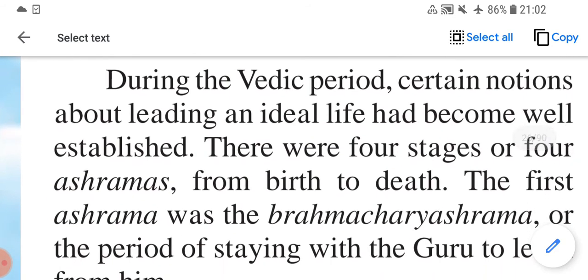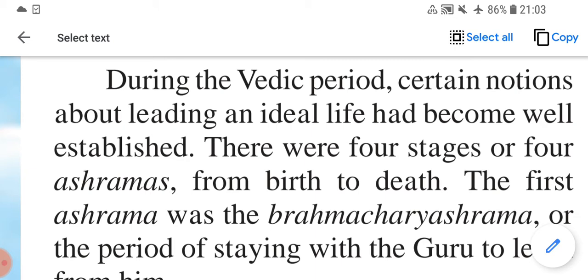During the Vedic period, certain notions about leading an ideal life had become well established. There were four stages, the four ashramas, from birth till death.